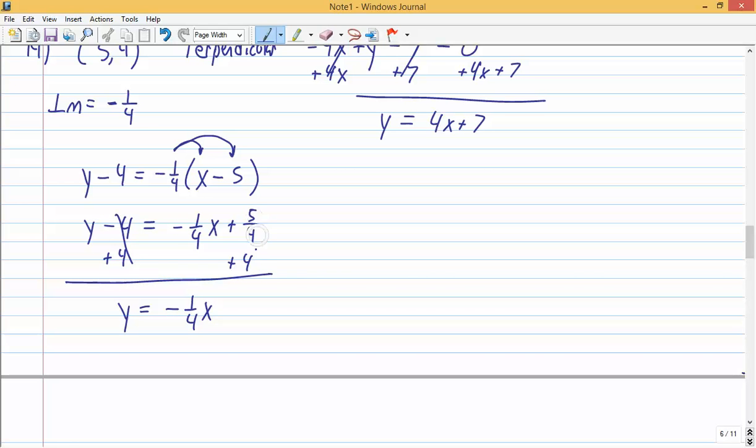Now you have to get a common denominator between 5/4 and 4. The common denominator is 4. So how many fourths is 4? 16, right? 4 times 4 is 16. So I have 5/4 plus 16/4. That's 21/4. So I get y equals negative 1/4 x plus 21 over 4.